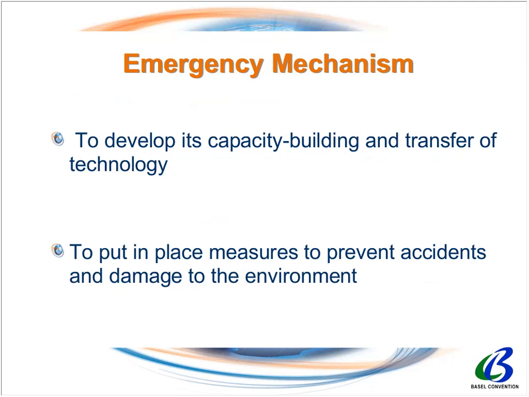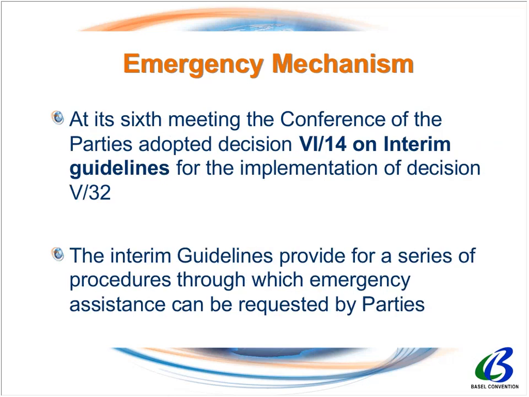And they need the Secretariat to make proposals and submit them to the next COP, which will be in 2015, COP12 of the Basel Convention. It means we are working more towards the prevention side of these issues.